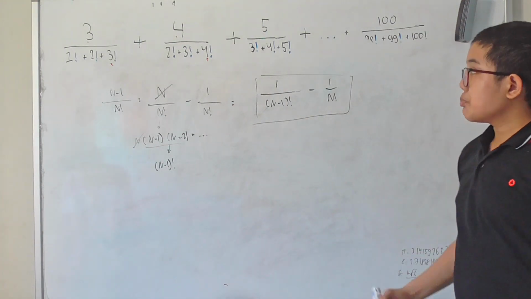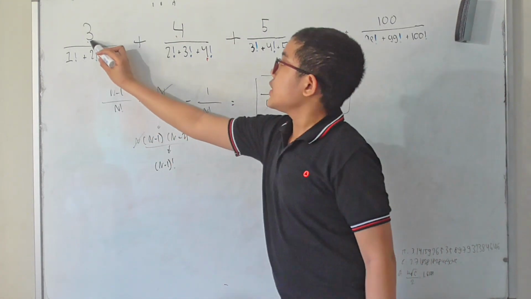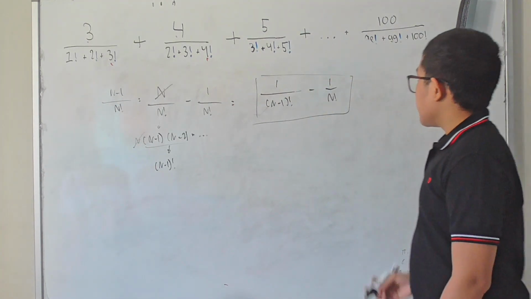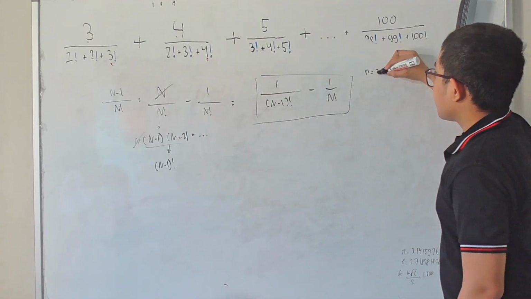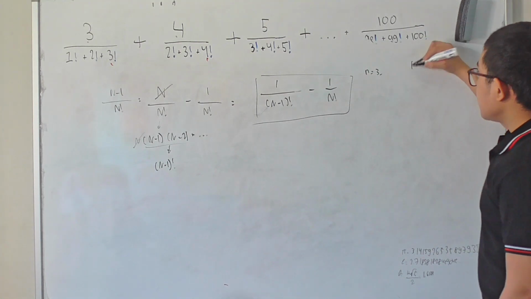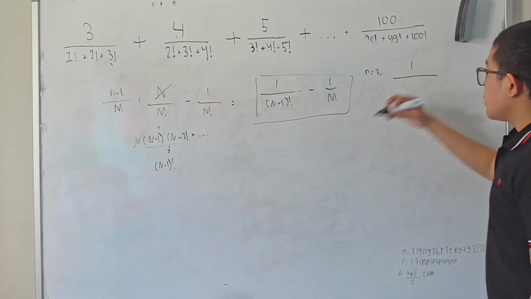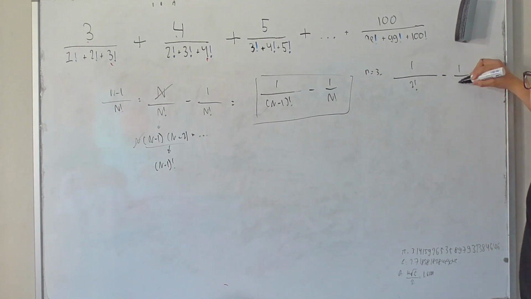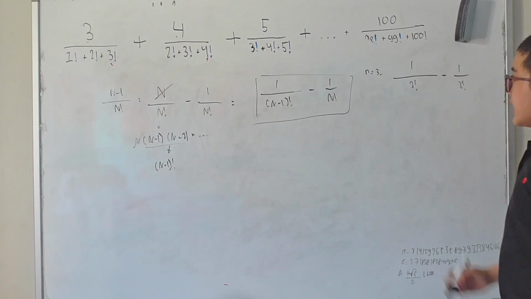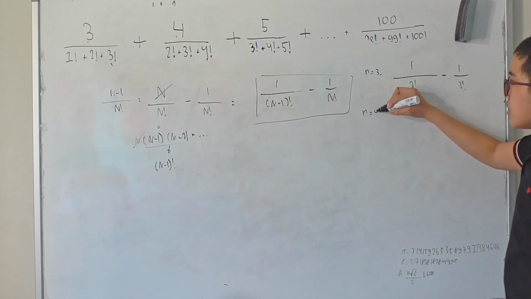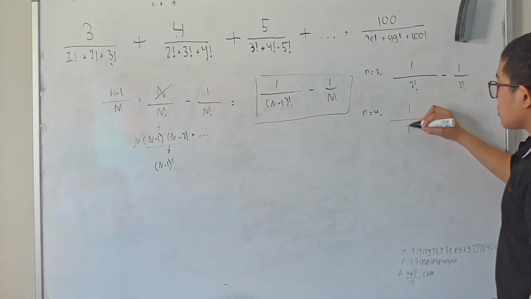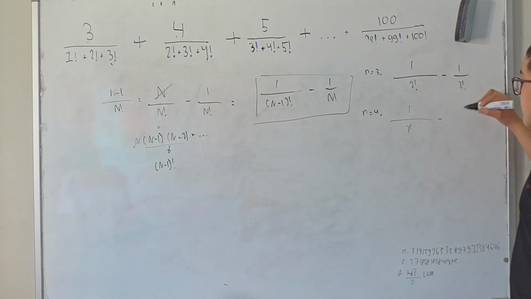So what if we input n being 3, 4, 5 until 100? So let's think about it. If n equals 3, we're going to get 1 divided by 3 minus 2, which is 2 factorial, and then minus 1 divided by 3 factorial. And then if n equals 4, we're going to get 1 over 4 minus 1, which is 3 factorial, and then minus 1 over 4 factorial.